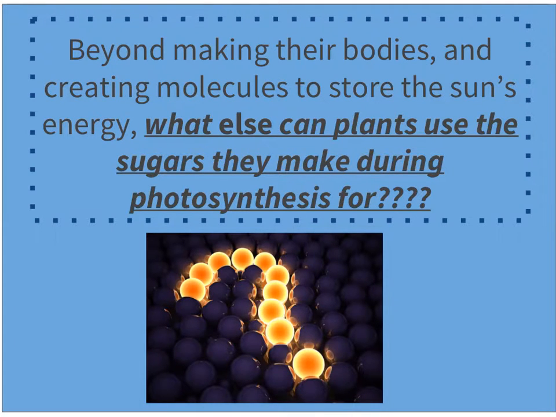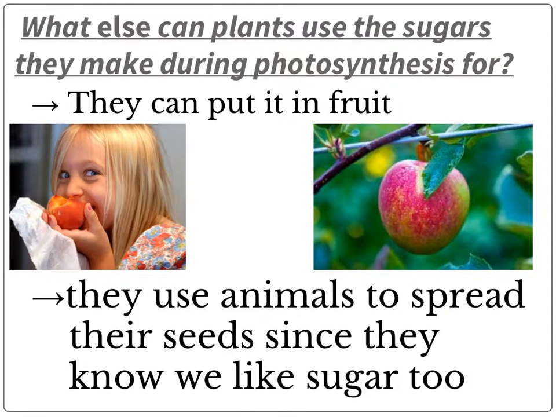Going further still, so beyond making their bodies and creating molecules to store the sun's energy, what else can plants use those sugars they make during photosynthesis for? Well, they can put it in fruit. Plants know that animals love sugar as well, so they have created these things called fruits to trick animals into doing their biddings.